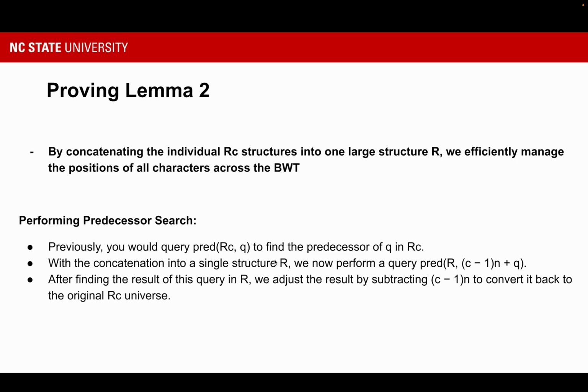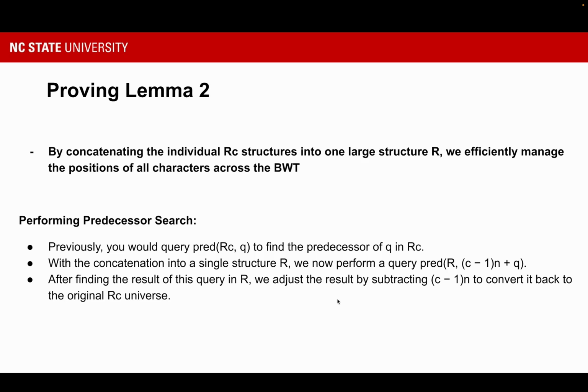So as we concatenate all the RCs into a single R, we have to now perform a query on R at C minus 1 of N plus Q. So we have C, we have N, and we have Q. Then we just have to find out what specific character this is, which number this is, and which specific character we are trying to find.